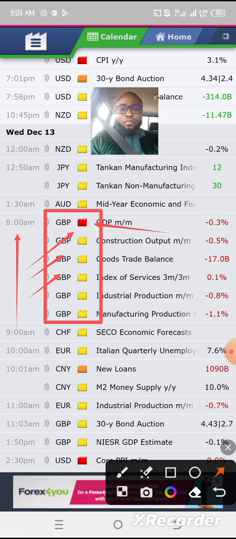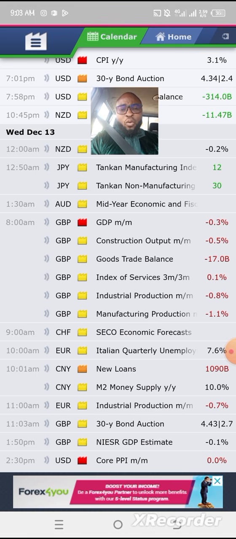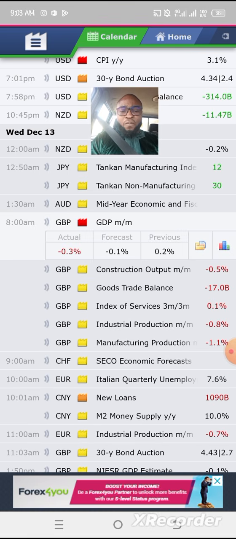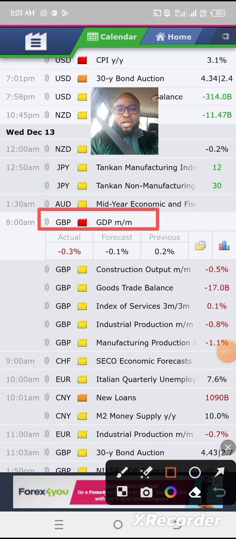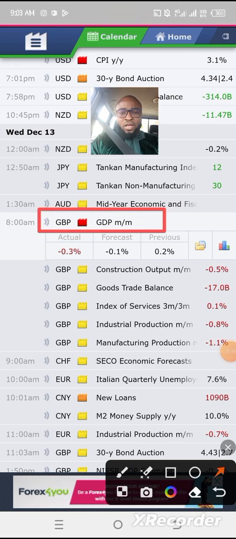So now I'll be teaching you how to calculate this news. As you can see, this is GBP news, high impact news. Here is the forecast. Forecast simply means what they think will happen when the news is released.